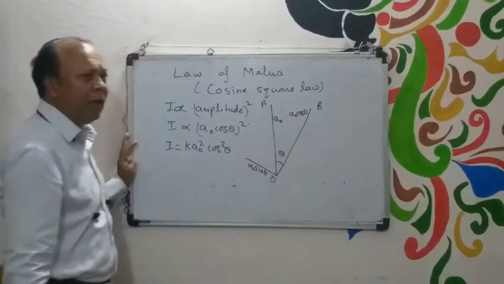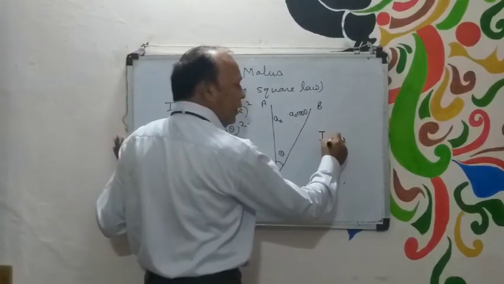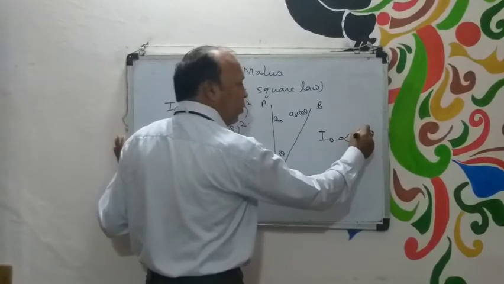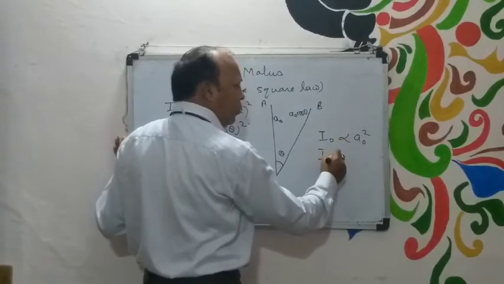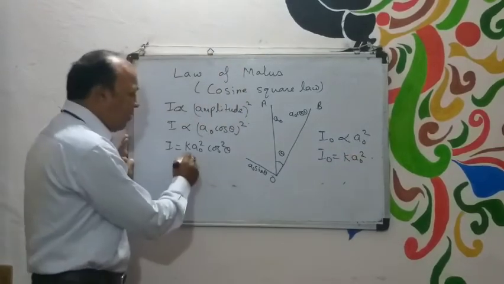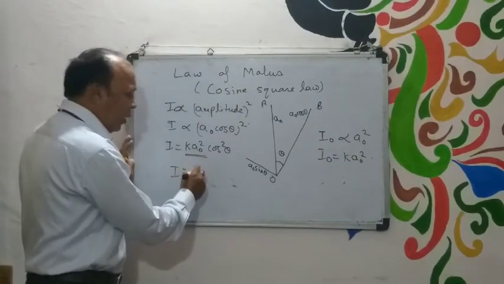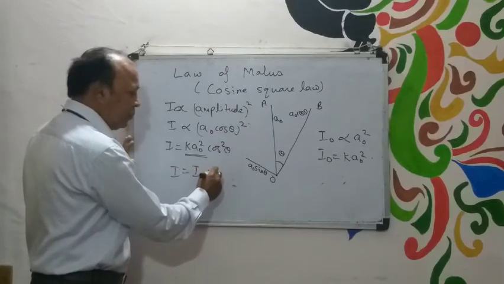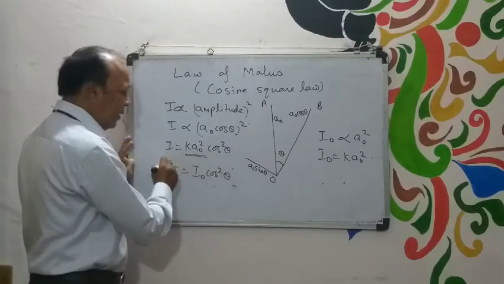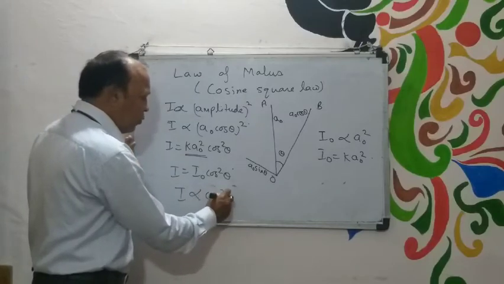What about the plane of polarizer? Suppose the initial intensity was I naught. It is proportional to A naught square, so I naught is equal to K A naught square. So instead of K A naught square, we can place I equal to I naught cos square theta, or I is proportional to cos square theta.